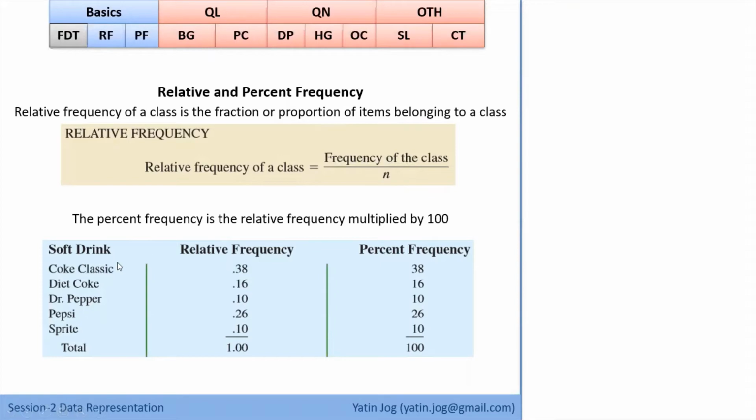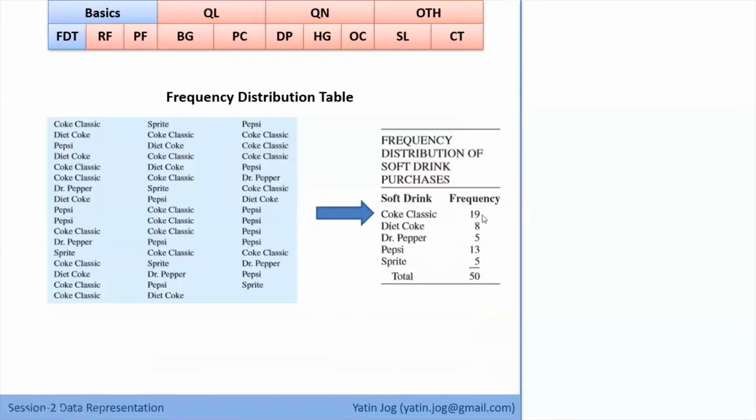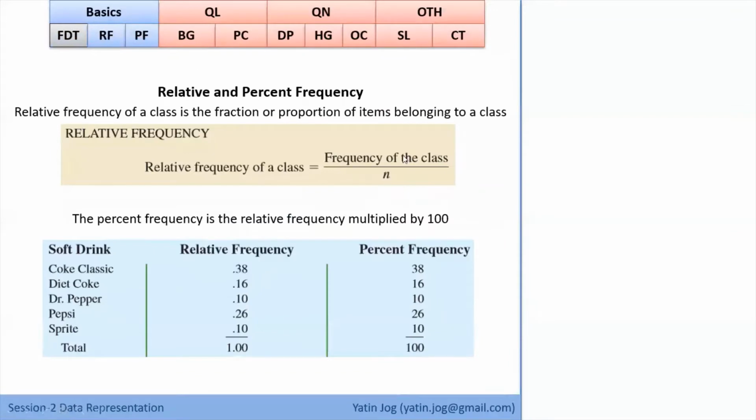The frequency for Coke Classic was 19, so 19 times Coke Classic is repeated out of 50. With the total frequency as 50, the relative frequency of Coke Classic is 19 upon 50. That is the same formula: frequency of that level divided by total frequency. 19 upon 50 gives 0.38.